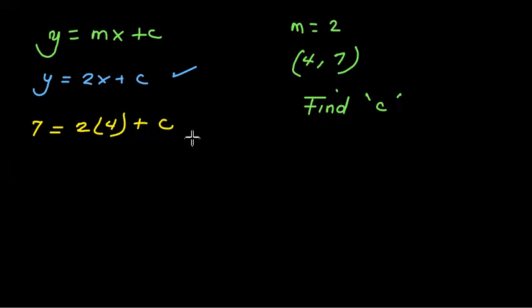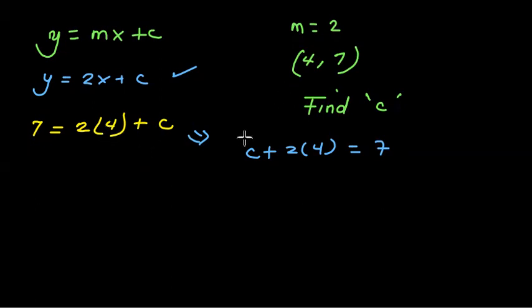Now, this problem right here, if you're sharp enough, some people might already realize that I could just flip this around, because what this really is is c plus 2 times 4 is equal to 7. That's the same thing if you read it backwards. All I did was put this stuff on that side and this stuff on that side.